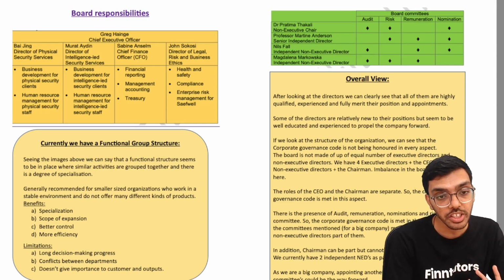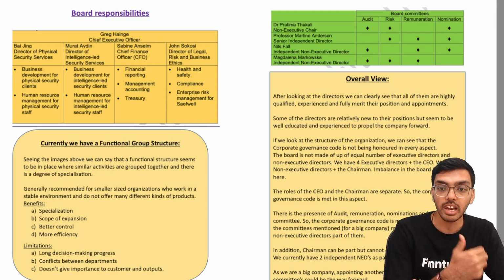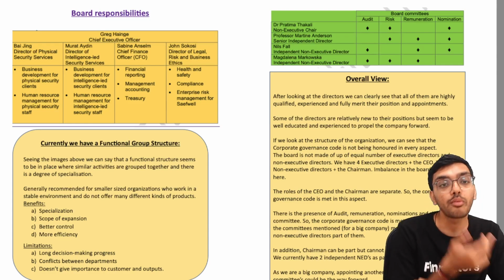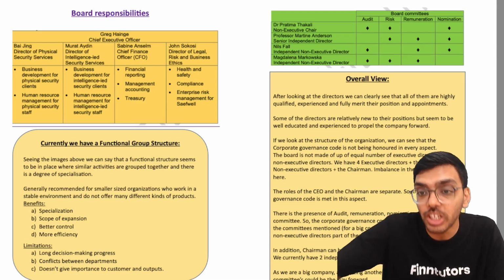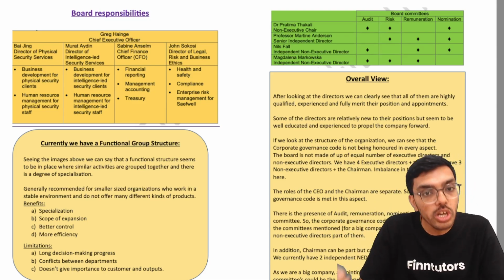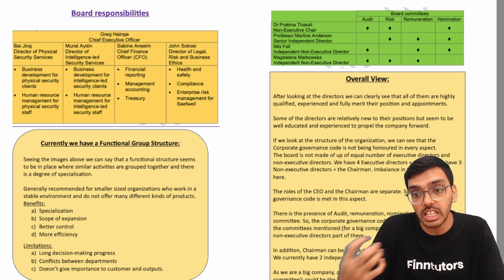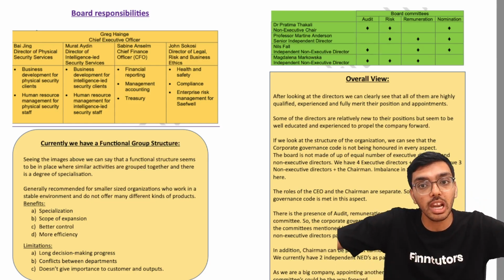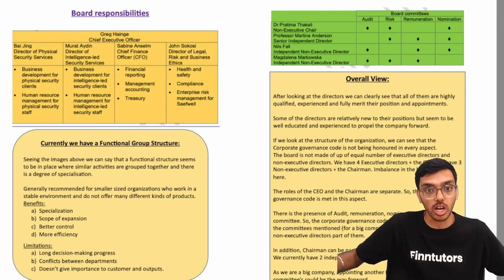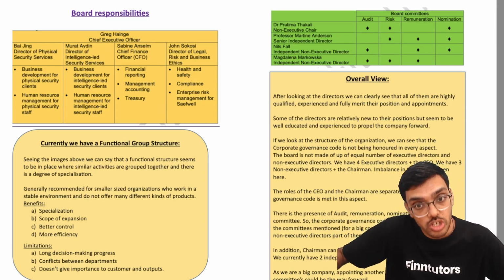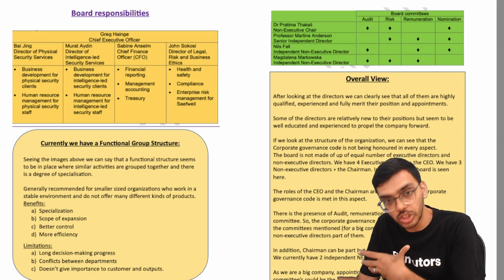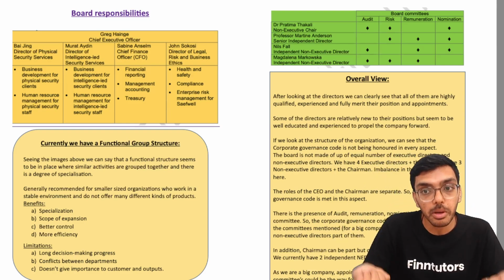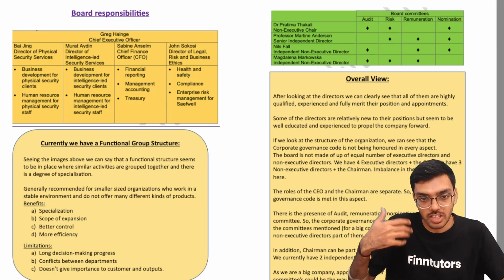For organizations that are growing, that are large, that are vast, a functional structure to start with is okay, but expansion to a divisional structure, specifically in our case, because we have such large representation in a number of countries with 4 different regional offices as well. So having a divisional structure could help based on, let's say, geography.